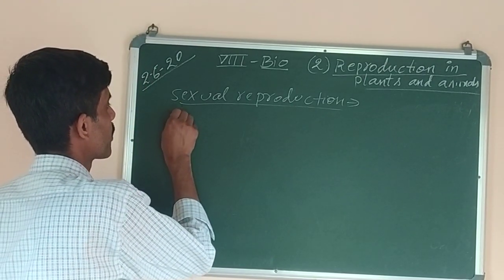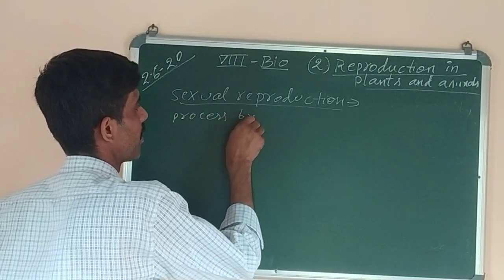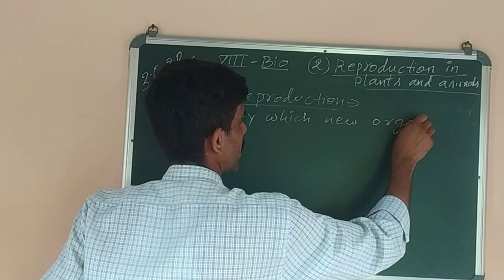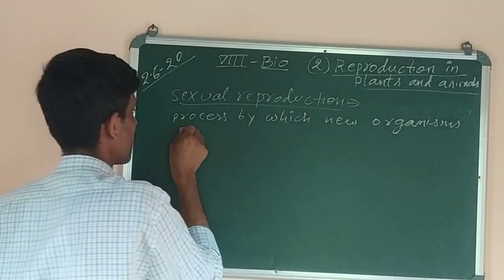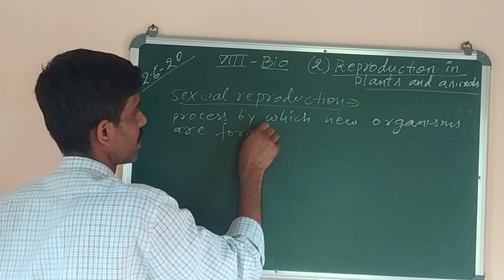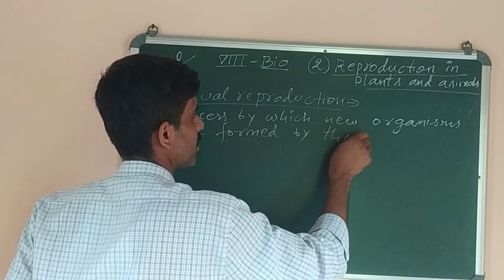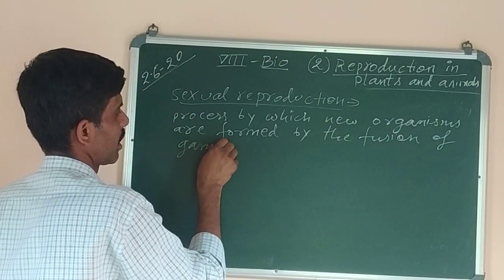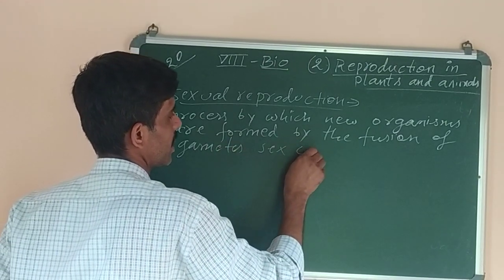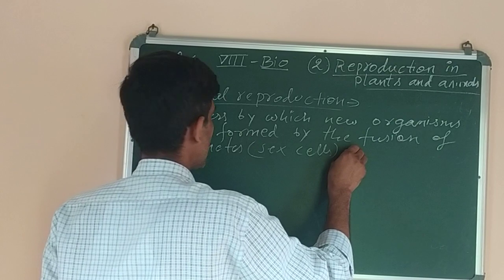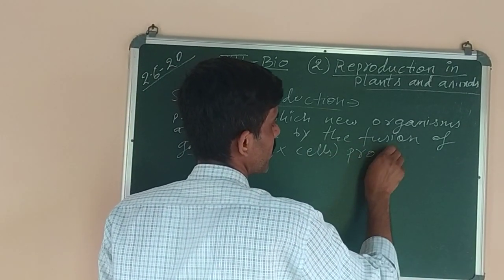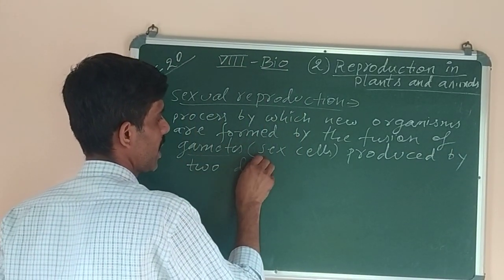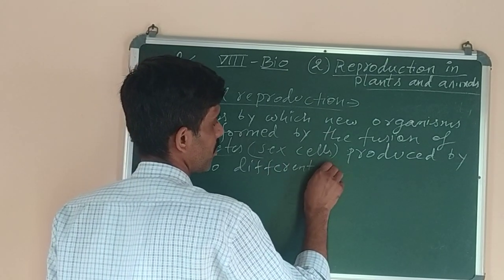First of all, you have to mark the process by which new organisms are formed by the fusion of gametes produced by two different parents.